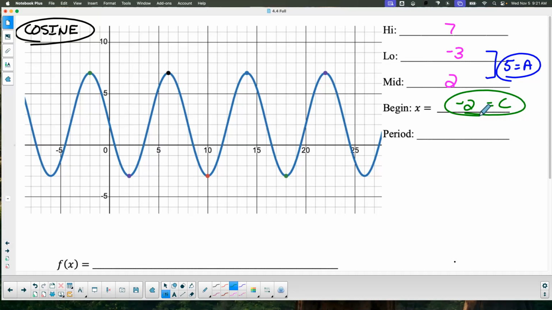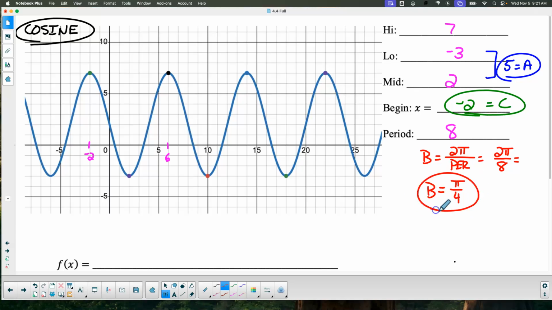My period is going to go from -2 to +6. So that gives me a period of 8. So that gives me a b of pi/4.